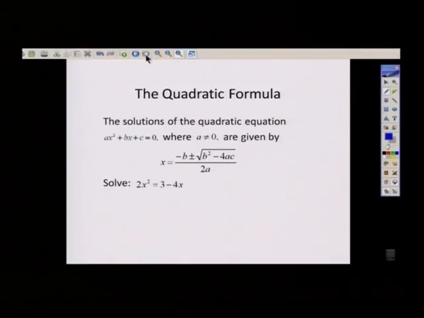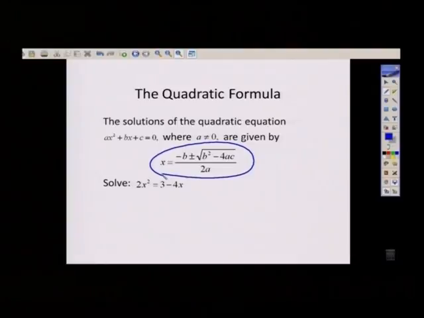And the quadratic formula says that the solutions for a quadratic equation, ax squared plus bx plus c equals 0, where a can't equal 0 because if a is 0, then we don't even have a quadratic, are given by x equals -b, or the opposite of b, plus or minus the square root of b squared minus 4ac, that whole quantity divided by 2 times a. So we're going to use the quadratic formula to solve this last quadratic equation.